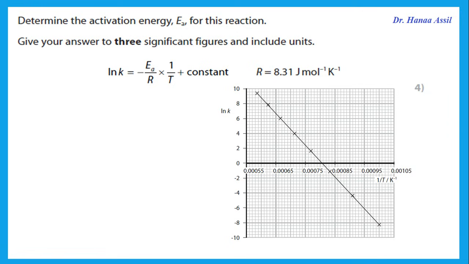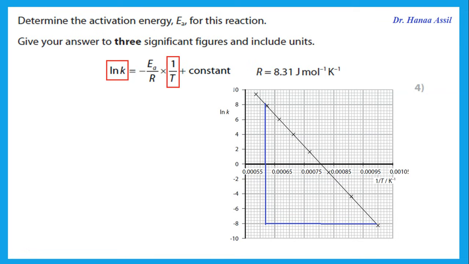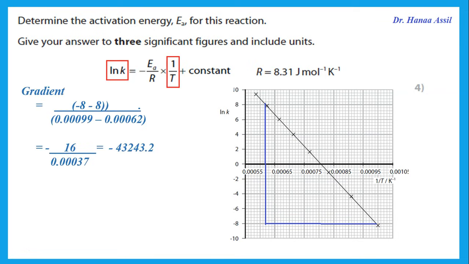So if we plot ln k versus 1 over T, the gradient or the slope is minus Ea over R. So we get the gradient or the slope of that line, and always when you get the gradient of a line, it's a better idea to use as much of the line as possible.